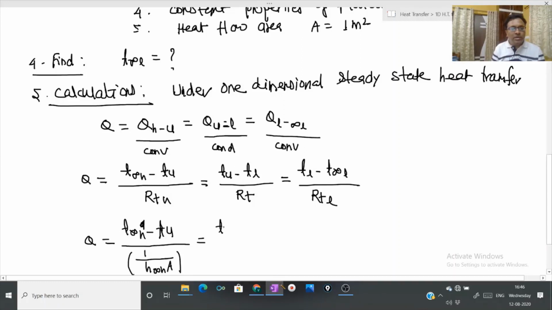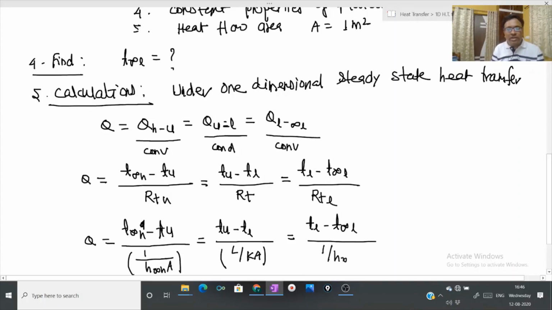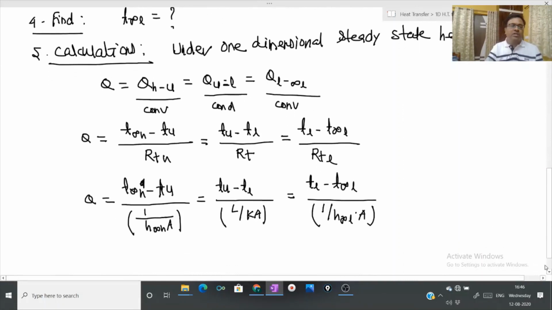Then Tu minus TL over RT, where RT will be conductive thermal resistance for plane wall, can be given as L over K, and finally TL minus T infinity L over RTL, where RTL is convective thermal resistance of cold air, can be given as 1 over H infinity L into A. So this way I could write the individual rate of heat transfer from hot gas through blade material and to the cold air.